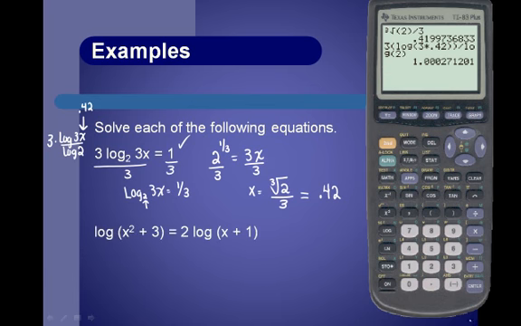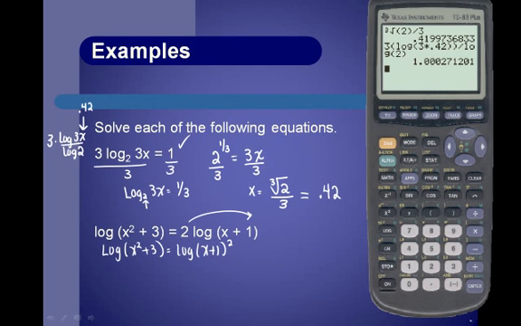Now second equation, this one's a little bit different because we've got 2 log terms. What we're going to do is go through and use a couple of the properties. So we're going to have the log of x squared plus 3 is equal to the log of x plus 1 squared, because remember the property says if the number's out front, that's the same as the power.